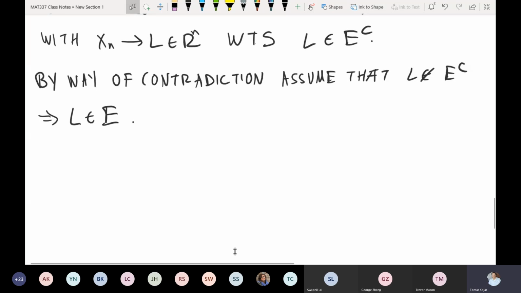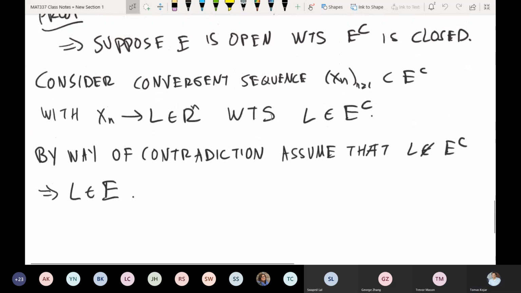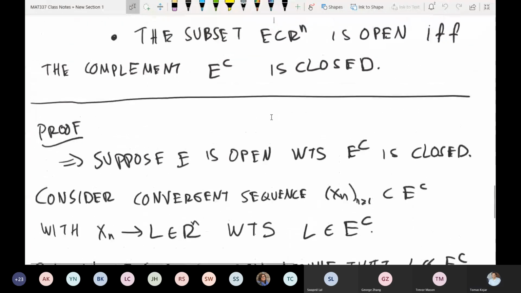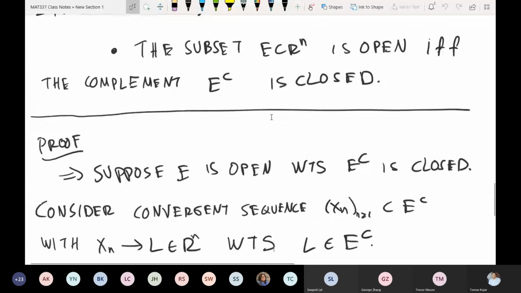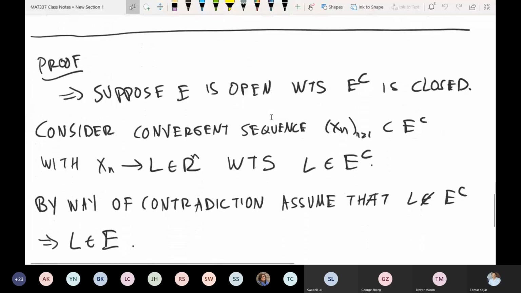Okay. What is ITS? Maybe you mean a WTS. So this is a want to show. Okay, Tongfei.